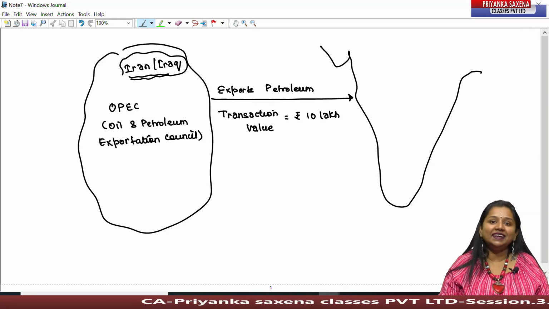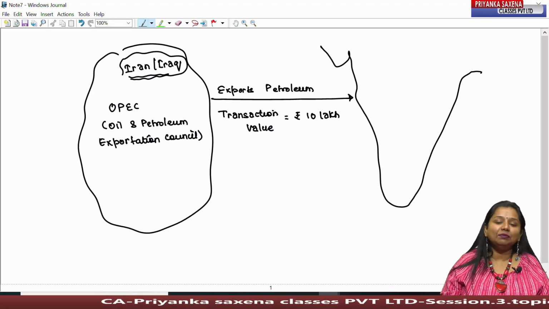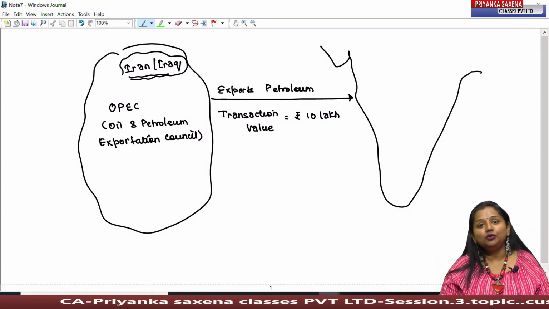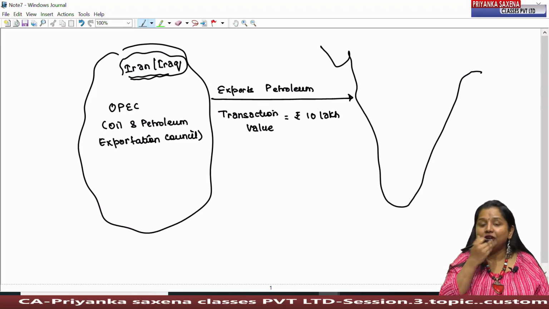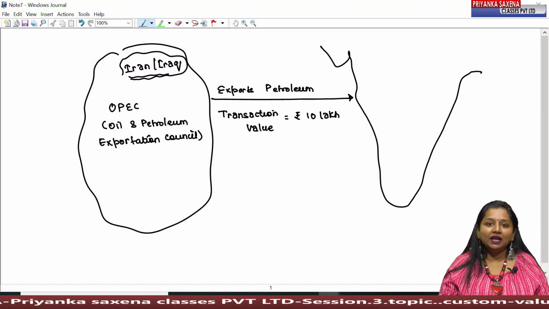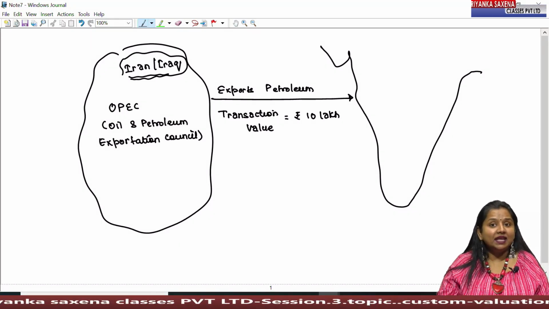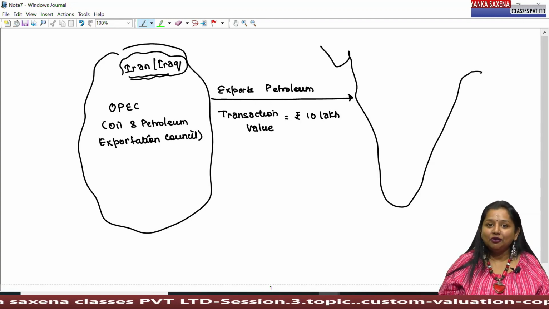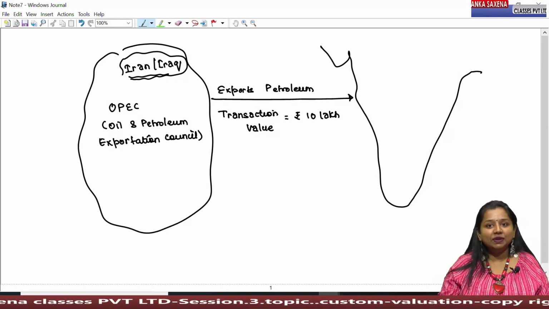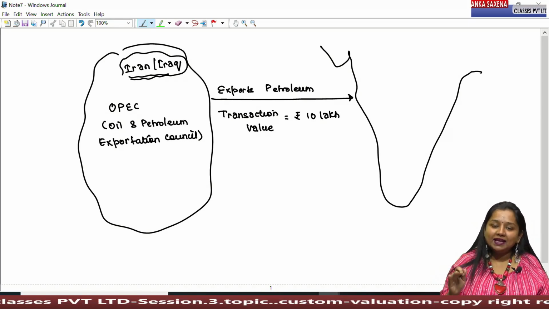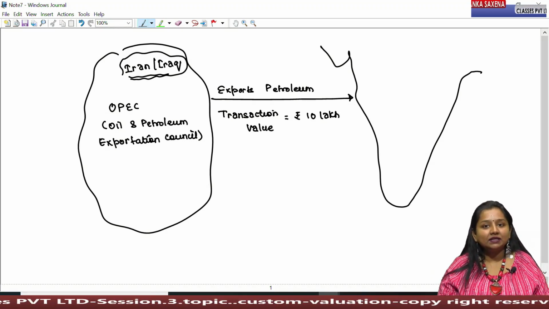It is generally said that petroleum or crude oil can be formed over a period of 2000 years from the dead bodies of different animals and human beings. So, it is next to impossible to create petroleum within a shorter span, due to which its supply is very much limited, very much scarce.